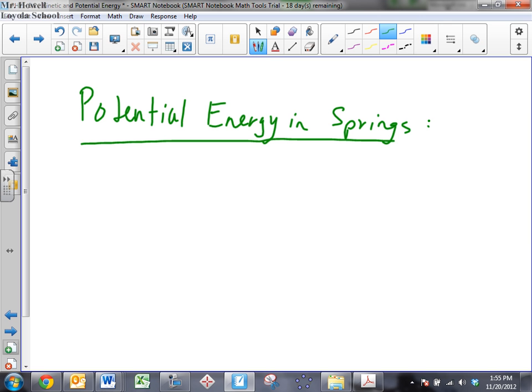What we're going to look at in this chapter is the idea of energy in a spring and what happens when you compress or expand a spring. Think about standing on a trampoline. You stretch the trampoline down, and if you jumped up, what would happen to the surface?